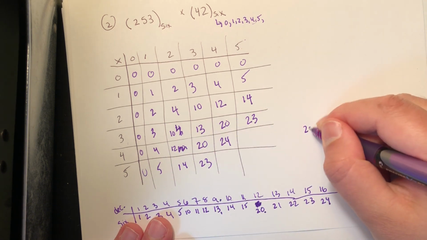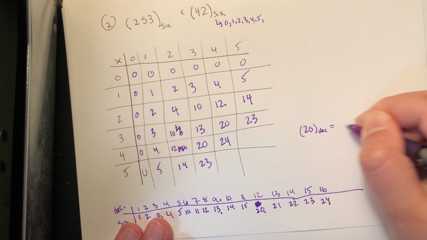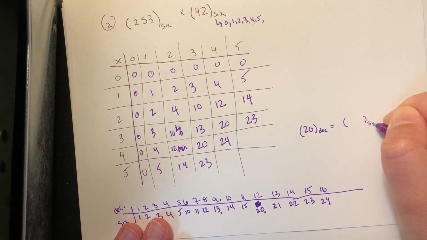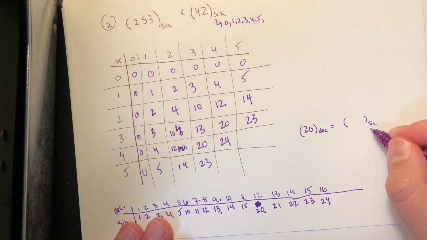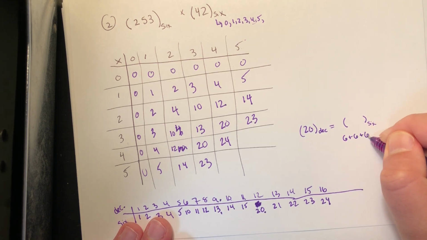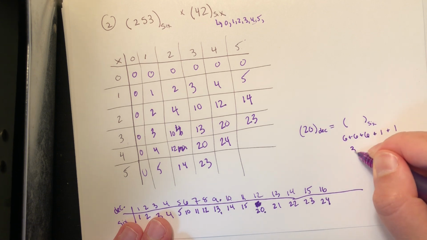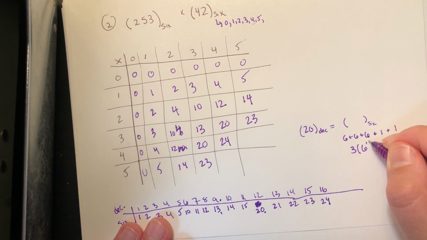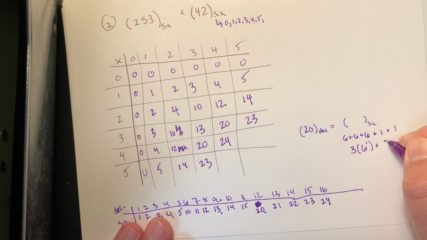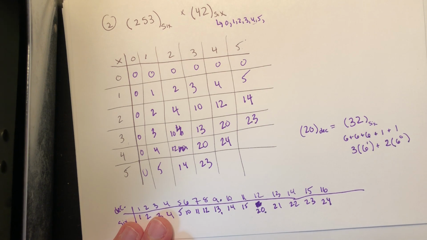If I want to know what 20 in decimal is equal to in base 6, well, it's 6 plus 6 plus 6 plus 1 plus 1. So it's 3 copies of 6 to the 1 power and 2 copies of 6 to the 0 power. So it'd be 32 base 6.